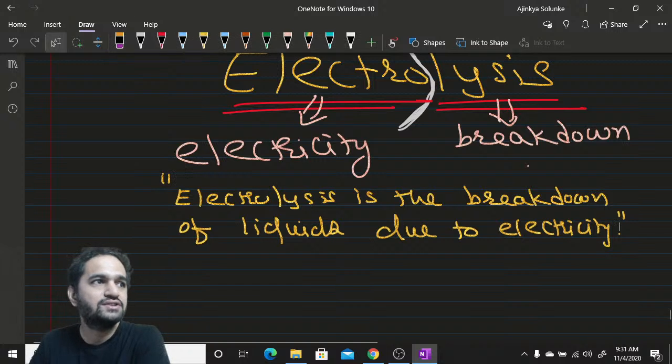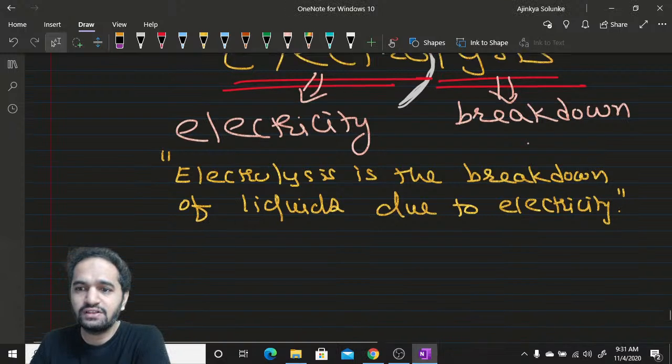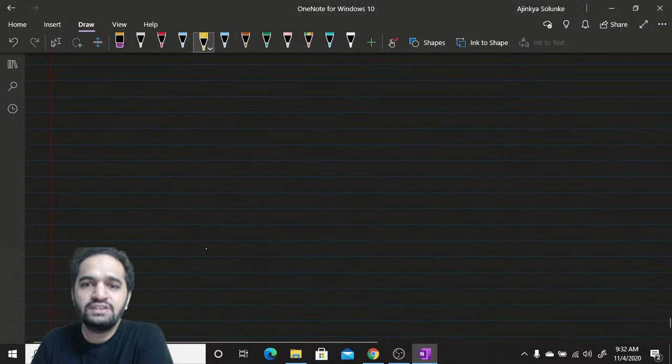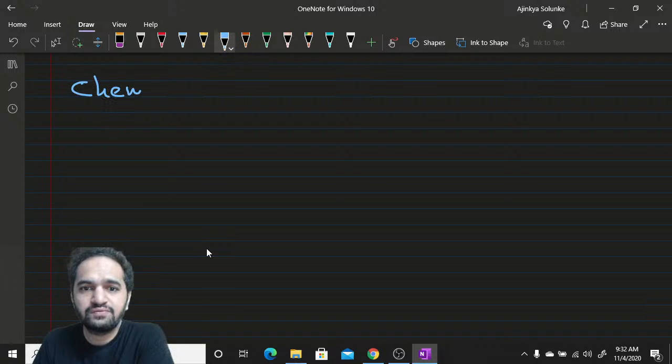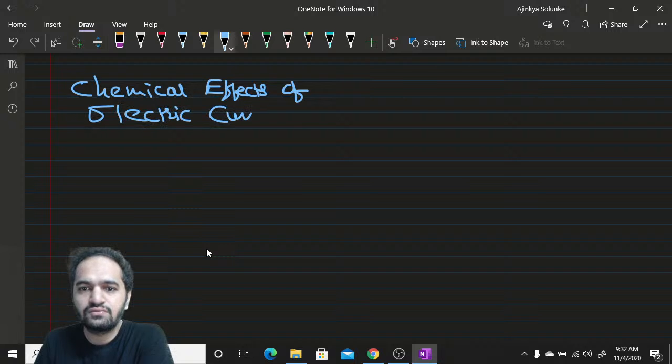Okay. Now let us talk about another point. We have to see the difference between chemical effects of electric current and electrolysis. What is the difference between the two?